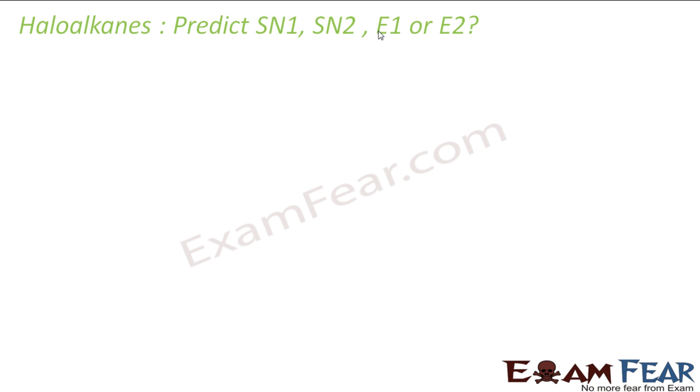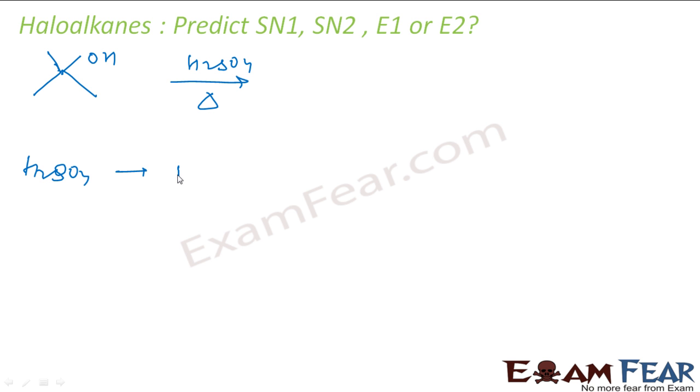We'll take 2 more numericals in this case. So we have, let's suppose, this compound, this CH3, this is OH, right? And let's have temperature here. Now H2SO4, and this is heat, we are heating it. H2SO4 is a protic solvent.